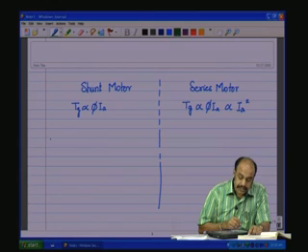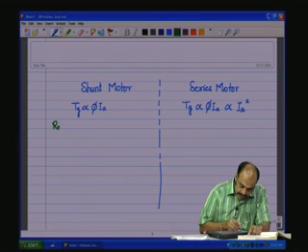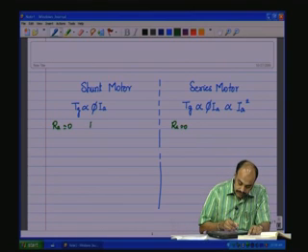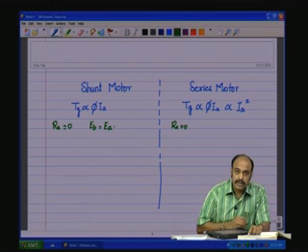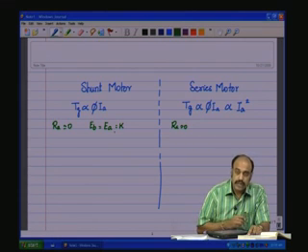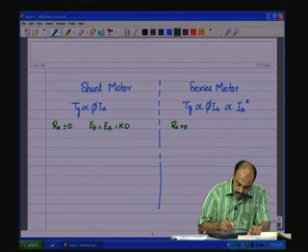In the case of the shunt motor, let us say in both the cases Ra is approximately equal to 0. The back EMF will be equal to the applied armature voltage, which will be equal to some proportionality constant into phi into omega.